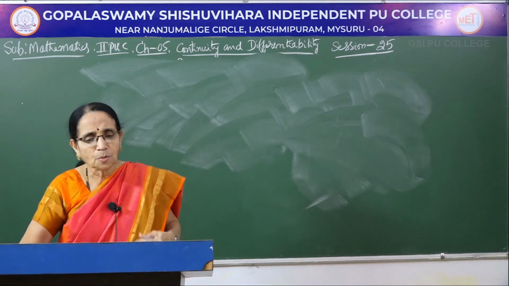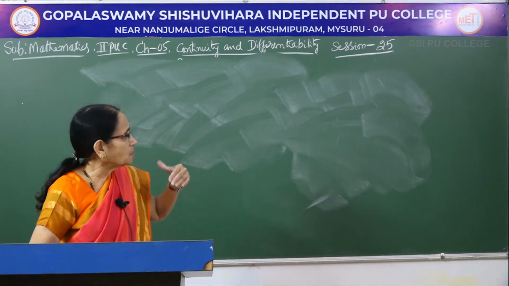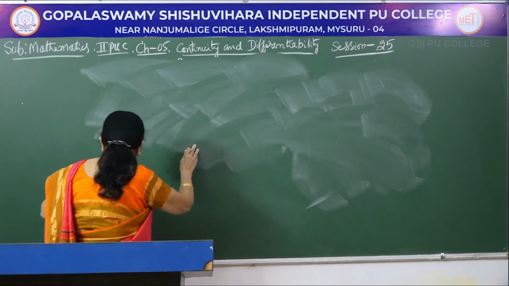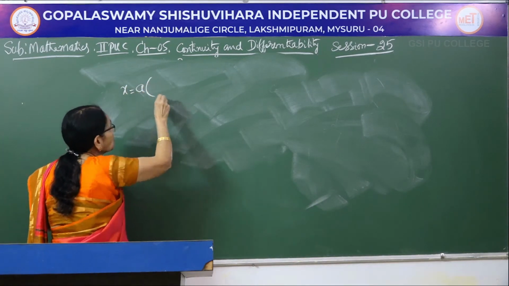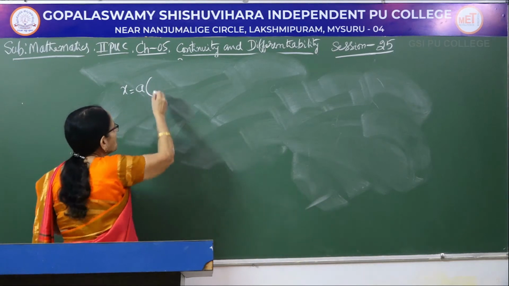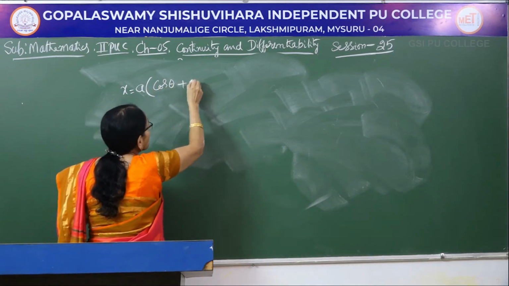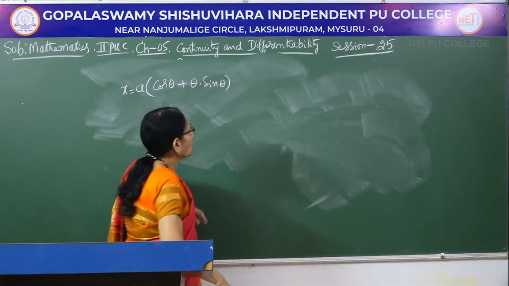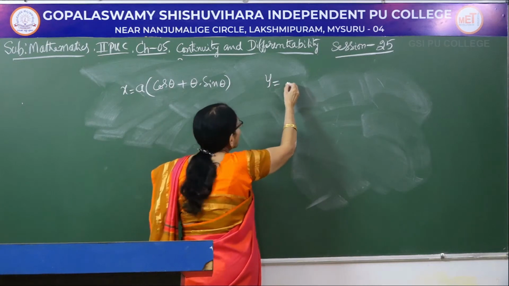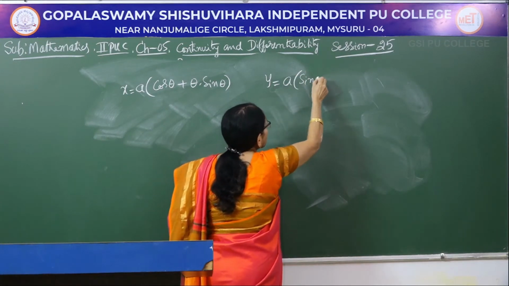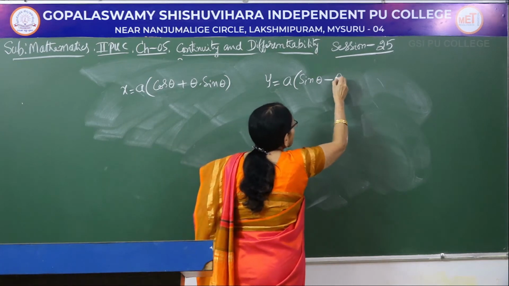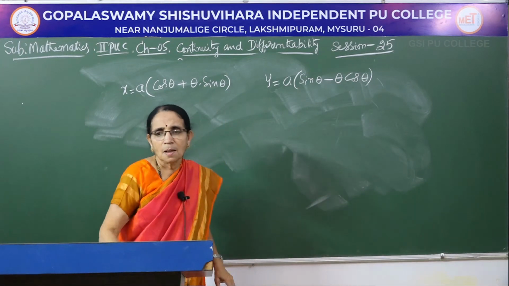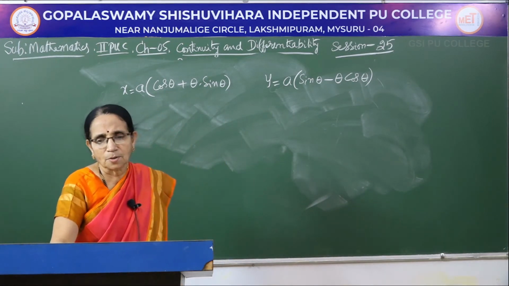Now, the next problem is having more of calculation. Understand it carefully. x is equal to a into cos theta plus theta sin theta, y is equal to a into sin theta minus theta into cos theta.